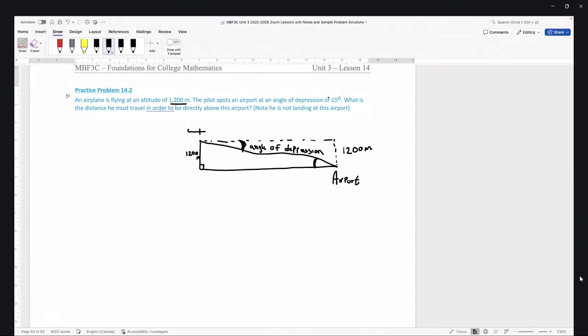Okay? And the angle of depression is 15 degrees. So that means that this angle right here is 15 degrees. And you're asked to find the distance you traveled from here, and you're not landing, you just continue to travel. So you're looking for this distance right here as well. So this distance and this distance is the same.